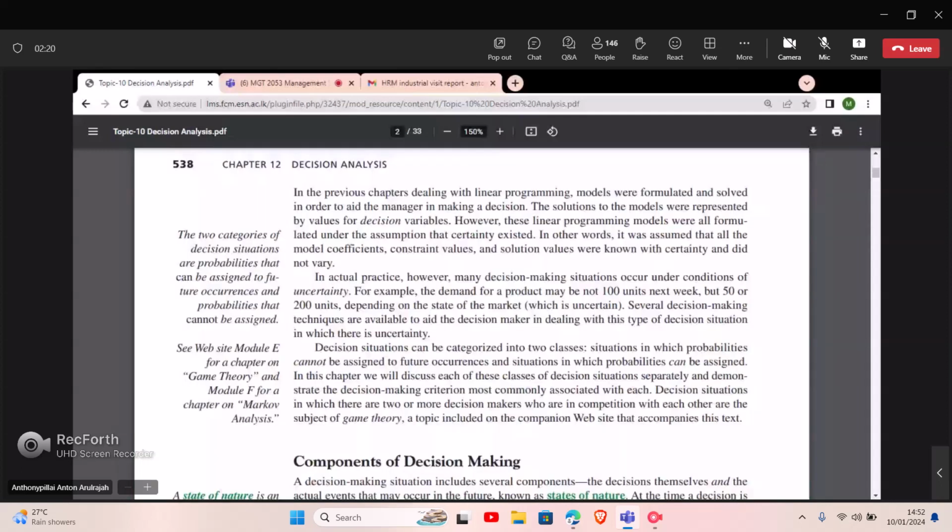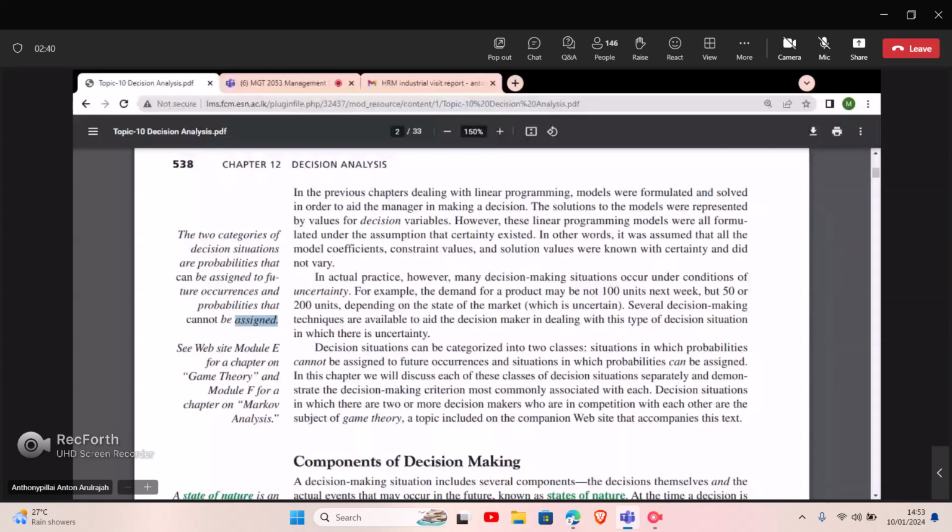When we are making decisions, there are two categories of decision situation we have to face. One is where a probability has been assigned to future occurrence, and the other is where there is no probability of future occurrence.